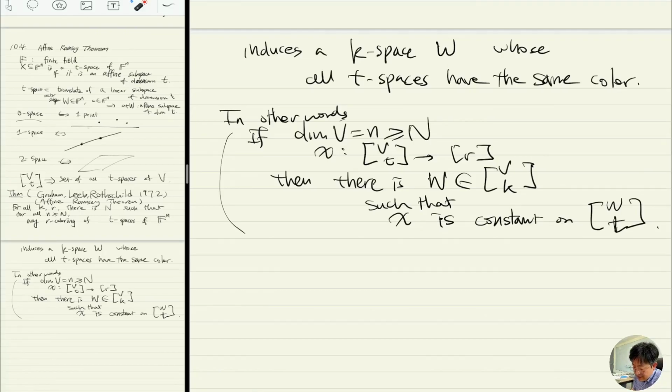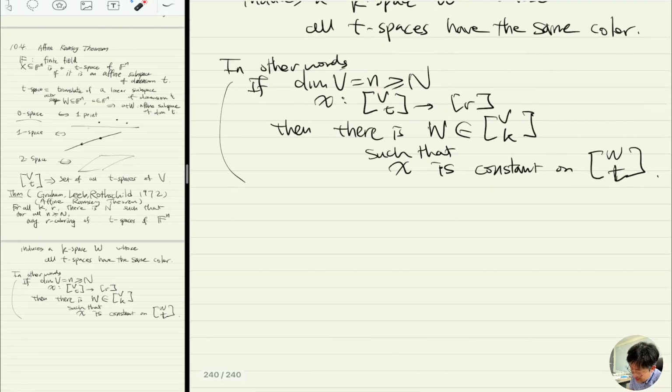Right, so before proving this theorem, let me show you the easy cases first. As a lemma, it's true when t is 0. So what does that mean? We are coloring 0-spaces. 0-spaces are points, right?